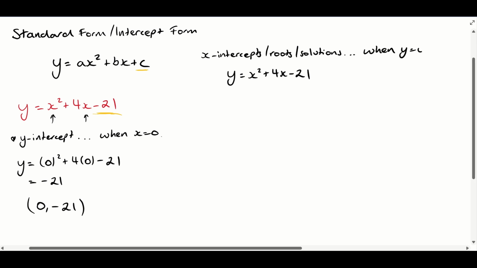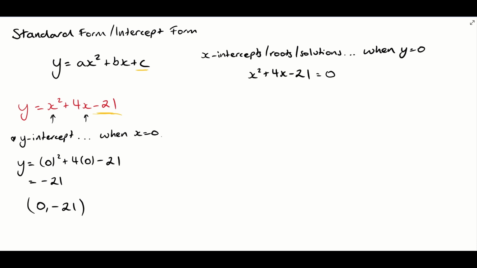So for the y-intercept, it was when x is 0, and for our x-intercepts, or our roots, or our solutions, it's when y is 0. So instead of a y here, let's plug in a 0. In fact, I'm just going to flip this over and put equals 0 on this side, just for the ease of our working out. So I've not changed the equation at all there.